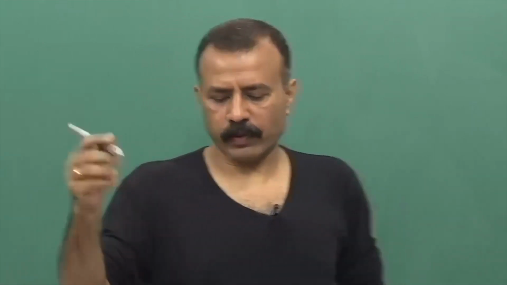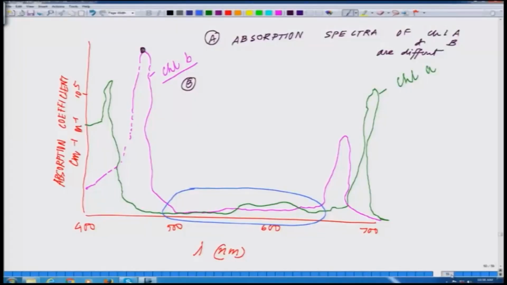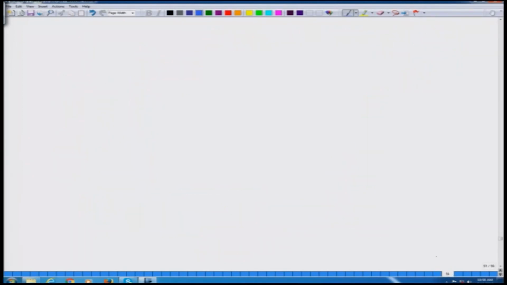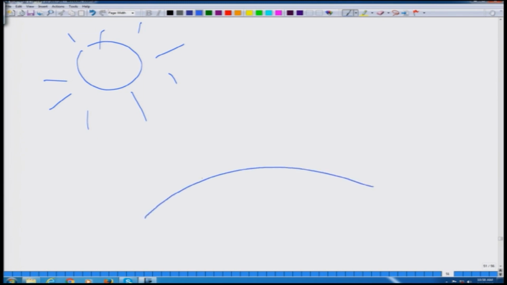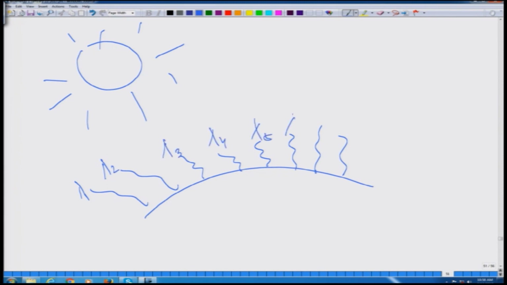So, in other words, if you have to imagine it, it will be something like this: this is the solar energy which is falling on different kinds of life forms, and they have wavelength 1, wavelength 2, wavelength 3, wavelength 4, 5.